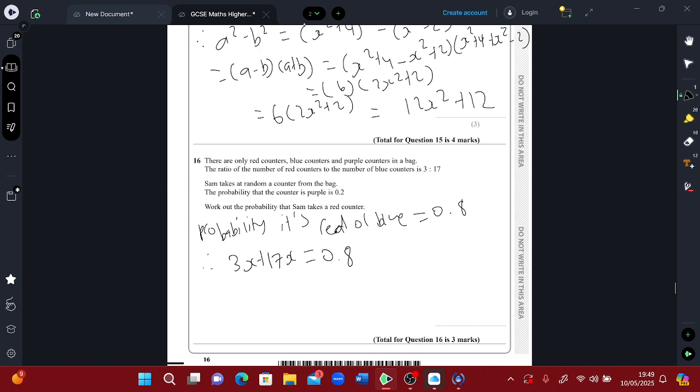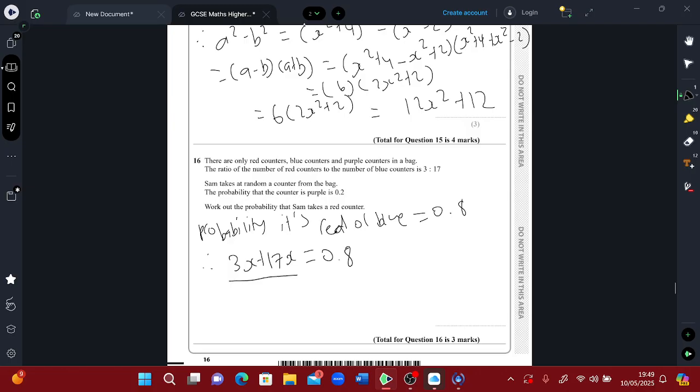So make sure this is the ratio, but to get the actual amount of red counters to blue counters, you want to include an x, but obviously that's the total. But this is a probability, so we want the probability of blue or red out of how many there are in total.